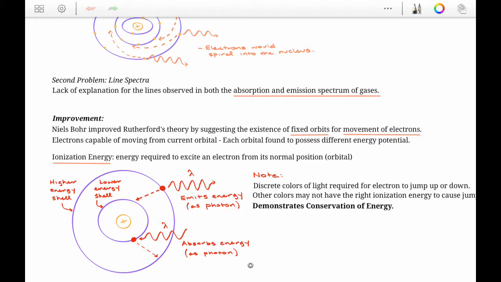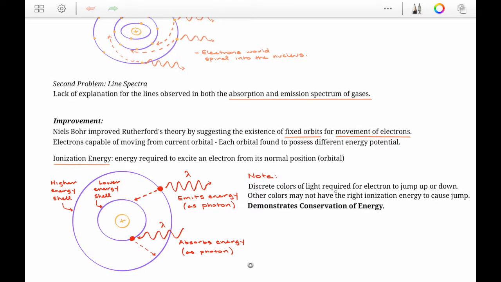And so in order to gain the energy that it had emitted by transferring to a lower energy orbital, it must regain that exact same amount of energy. And that's why discrete colors of light are required for an electron to jump up or down.